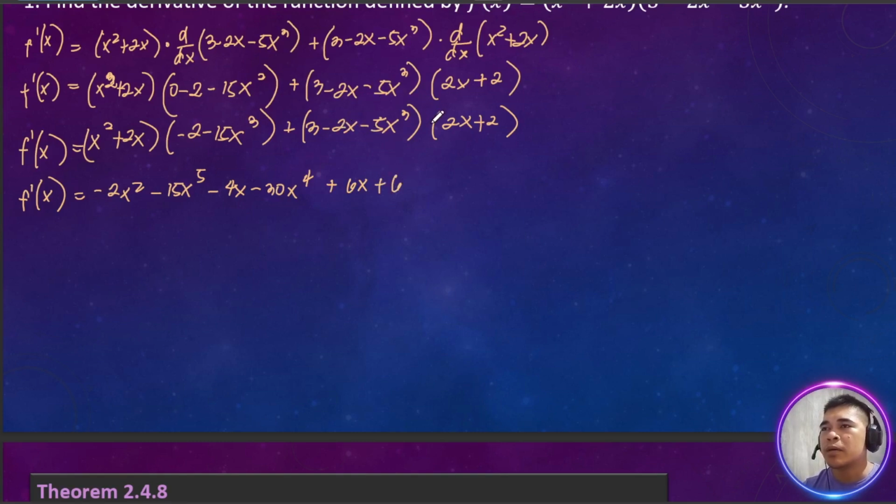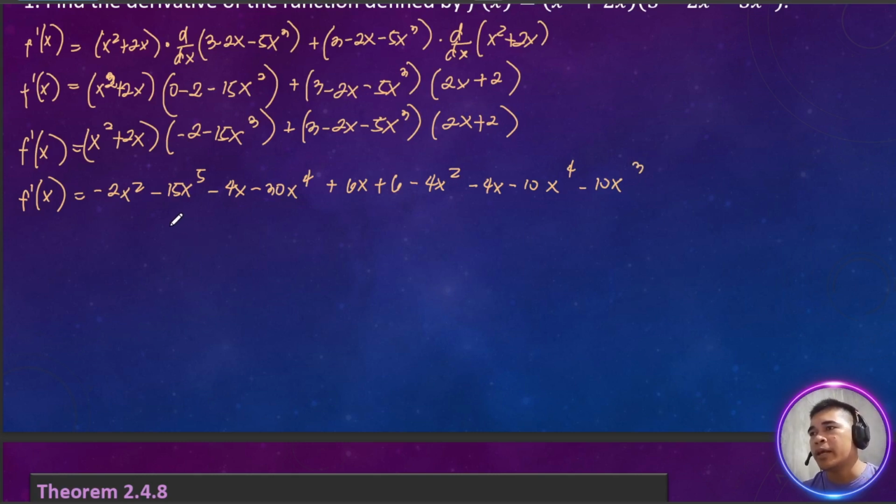Negative 2x times positive 2x, that is negative 4x squared. Negative 2x times positive 2, that is negative 4x. Negative 5x cubed times positive 2x, that is negative 10x to the power of 4. Negative 5x cubed times 2, that is negative 10x cubed.